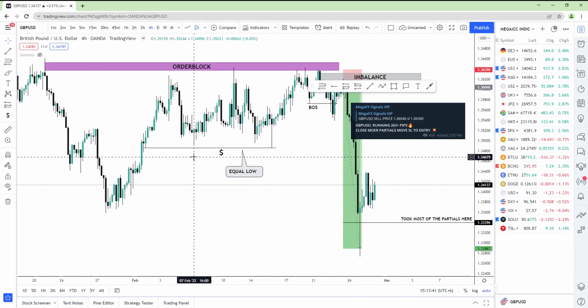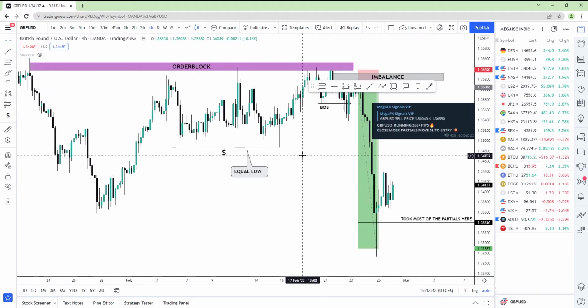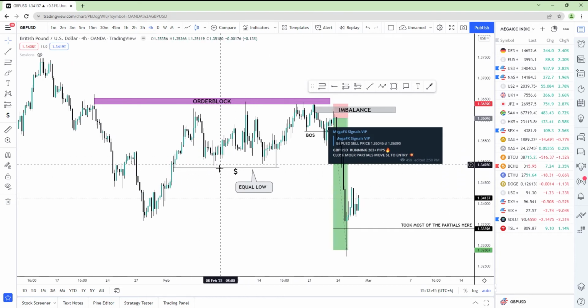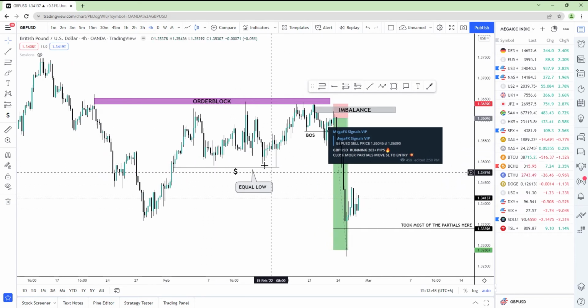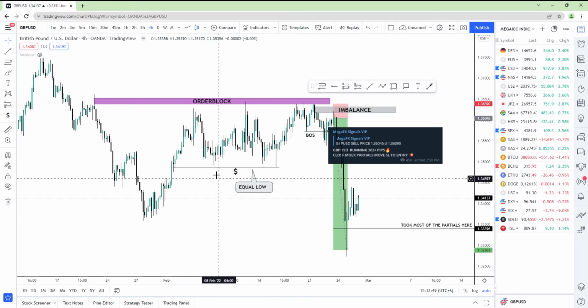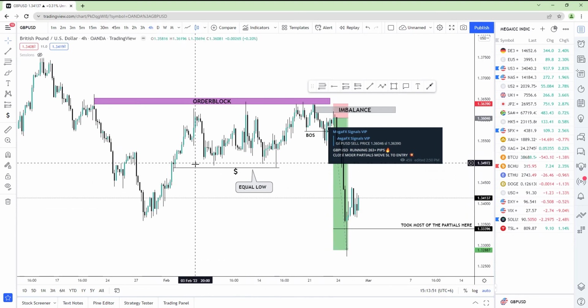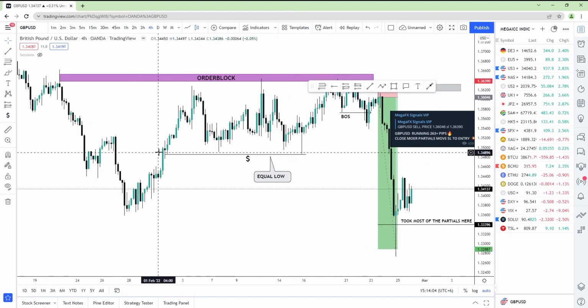We also identified this equal low, where retail buyers tend to keep their SL under these wicks, where price came upwards and got rejected multiple times. This happened 1, 2, 3, 4, almost 5 times, price got rejected from this zone.